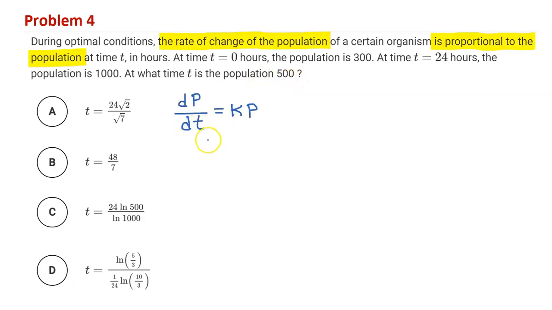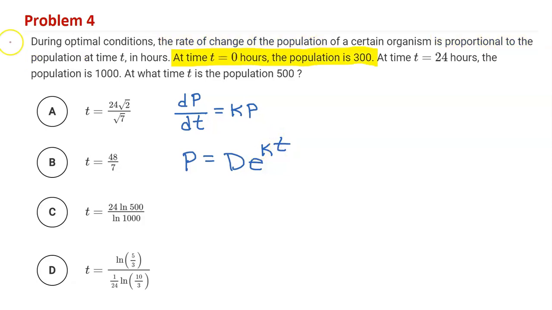Once again, this is going to be the shortcut. The rate of change of the population is proportional to the population. When the rate of change of a quantity is proportional to itself, that's when we can jump straight to the solution. In this case, P equals D times E to the KT power.